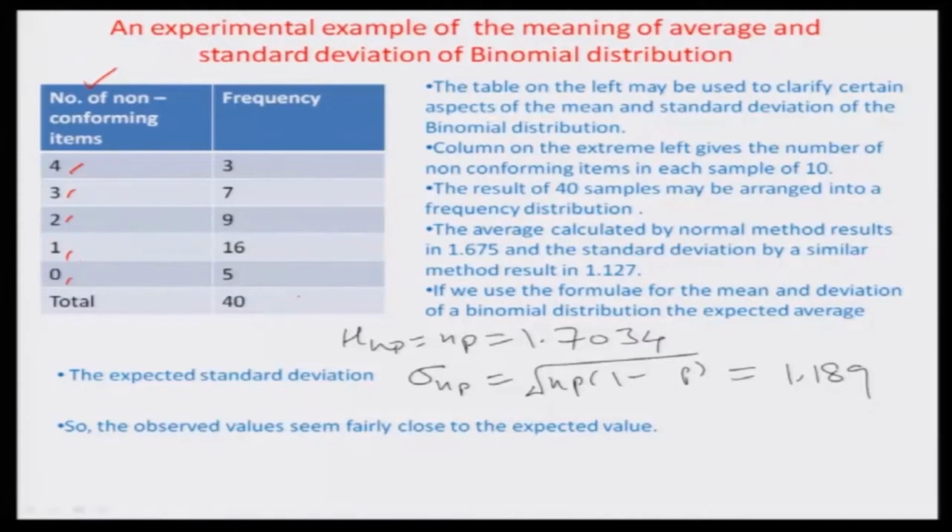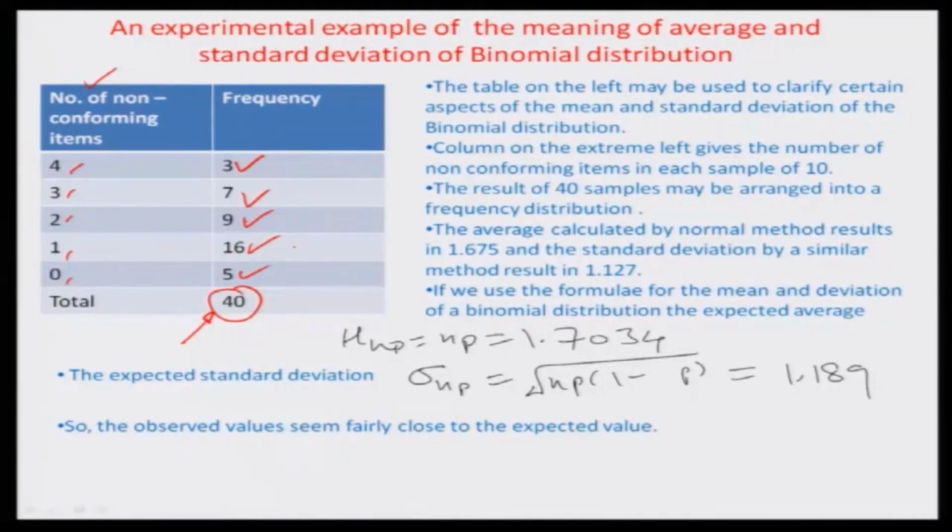The cases for a total of 40 draws are recorded, and the frequency table shows that 3 draws have come out with all 4 good, 7 draws with 3 defectives and 1 good, 9 draws with 2 defectives and 2 good, 16 draws with only 1 defective and 3 good, and 5 draws with 0 defectives and all good items.